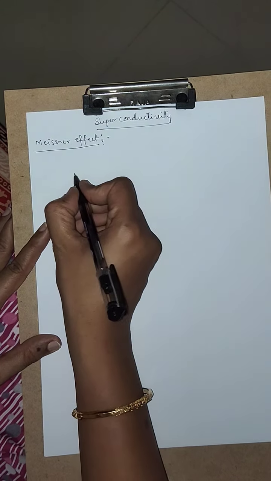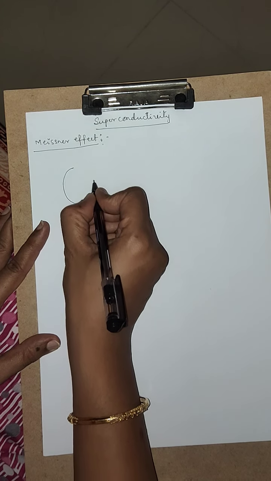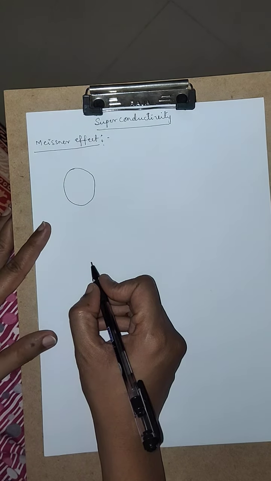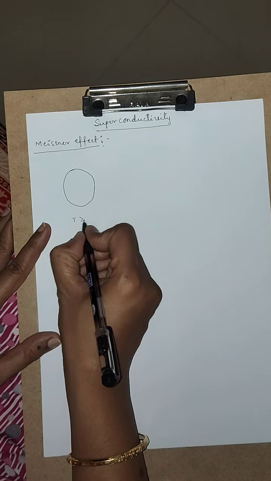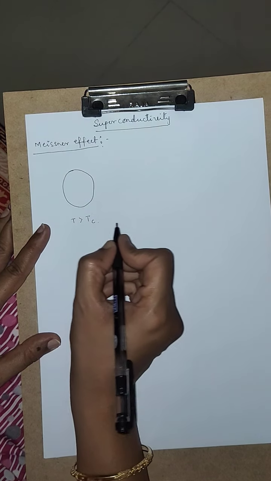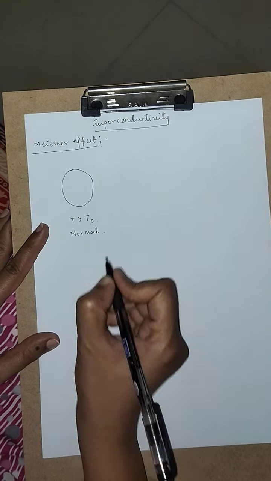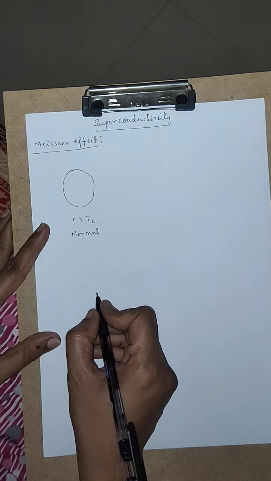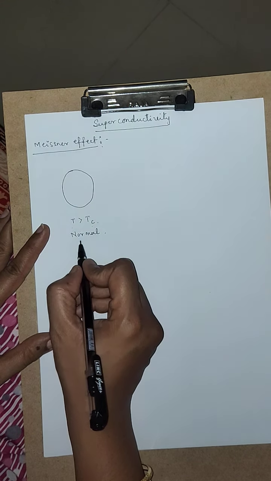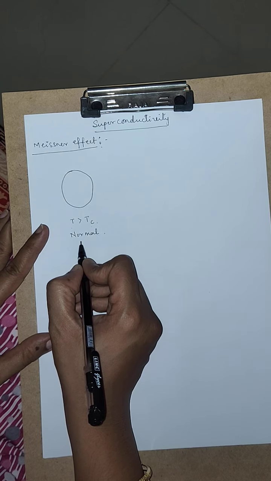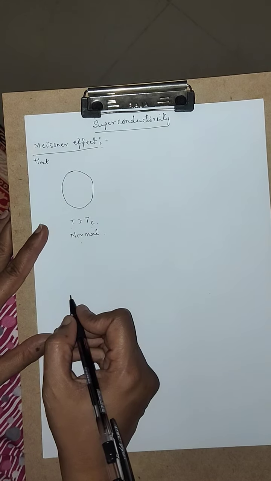Let us take a superconducting material. This material, as we know, if we hold it at a temperature greater than the critical temperature, is no more a superconducting material, it is a normal material. Now let us apply an external magnetic field onto this.